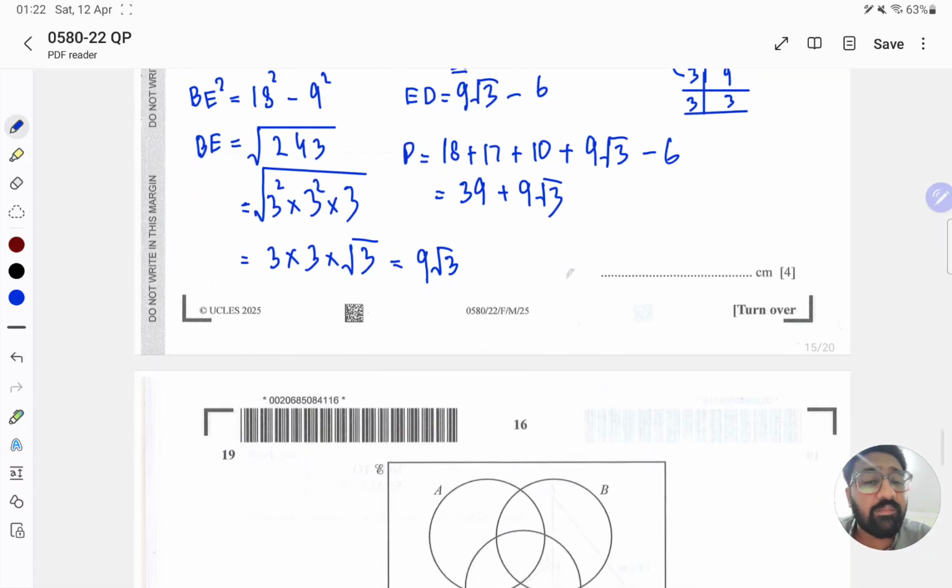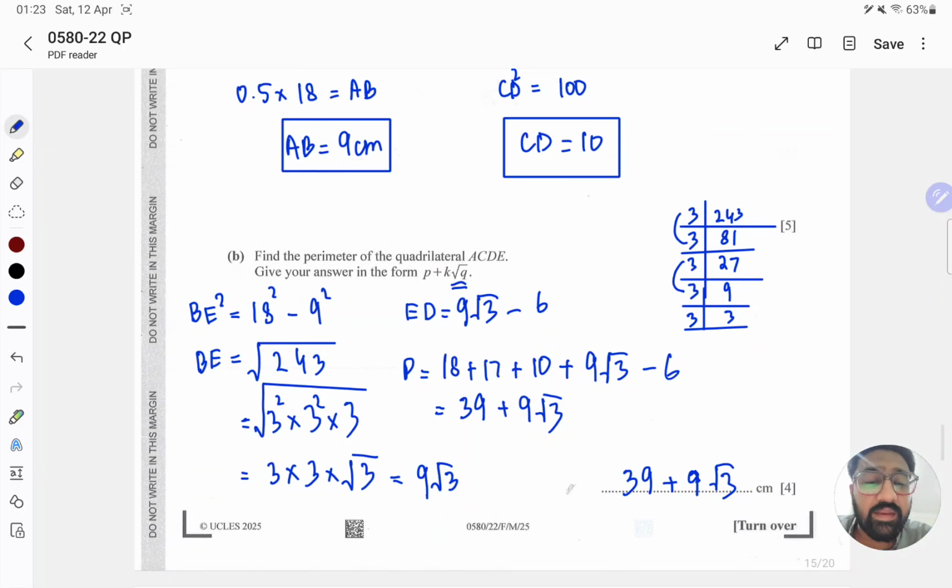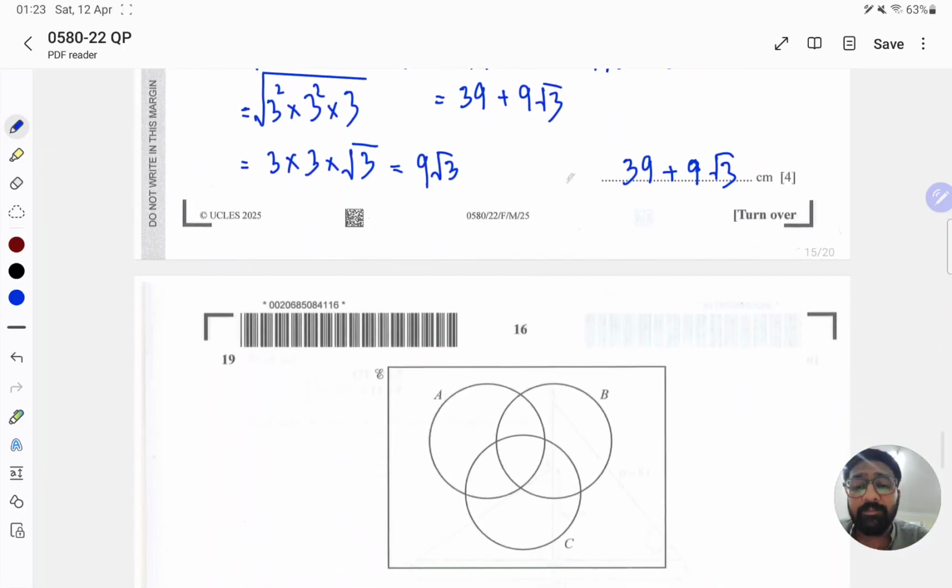We cannot simplify further because one is in surds and the other is not in surds. We have given our final answer in the form that they were asking us to find.